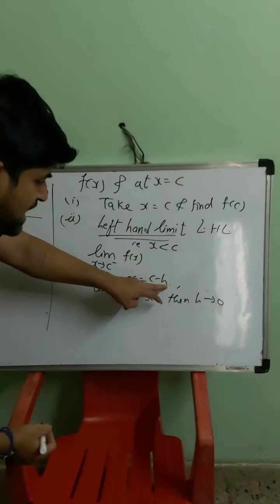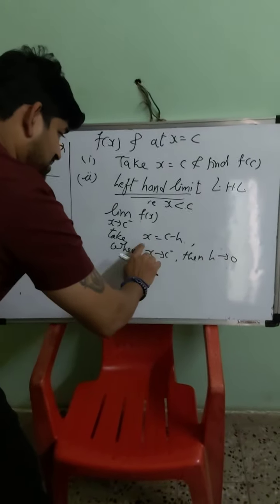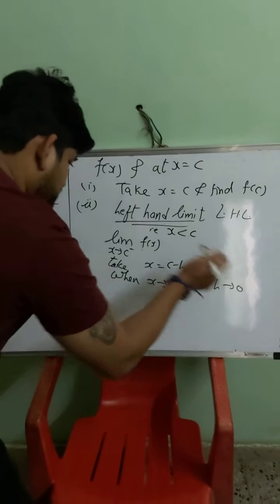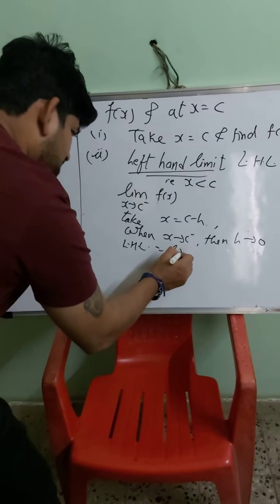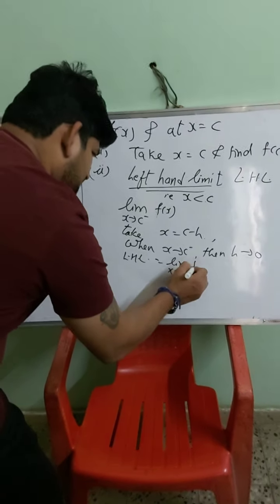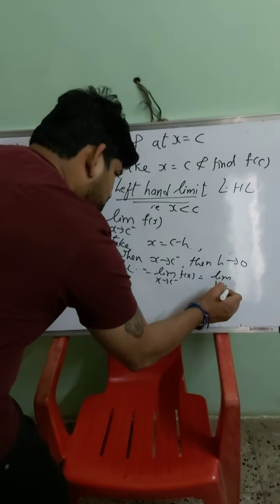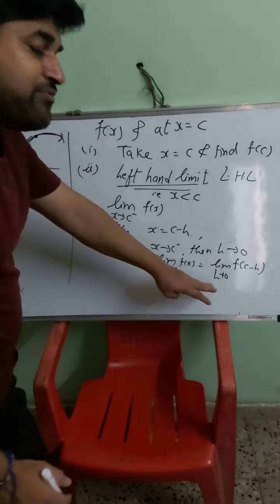If I place x equals c over here, then h will come over here, c will go over there, so c minus c will be 0. So h tends to 0. So LHL will be limit x tends to c minus f at x, that equals limit h tends to 0 f at c minus h. Now I have to find this value.